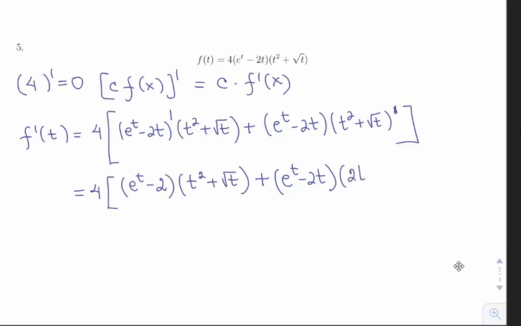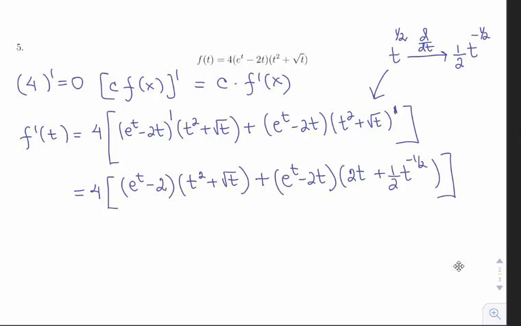That would be 2t. And remember, the square root of t is t to the 1/2. So if I find the derivative of this, d/dt, 1/2 comes down, t to the power 1/2 minus 1, so that's negative 1/2. So we're going to get plus 1/2 t to the negative 1/2.